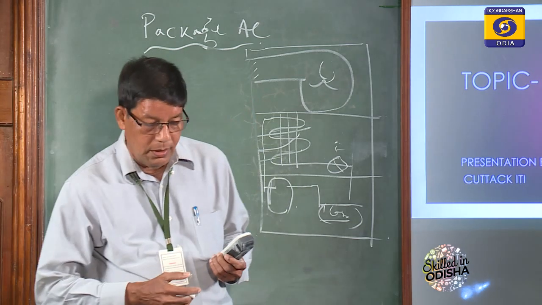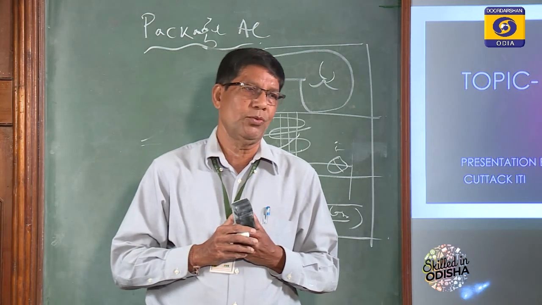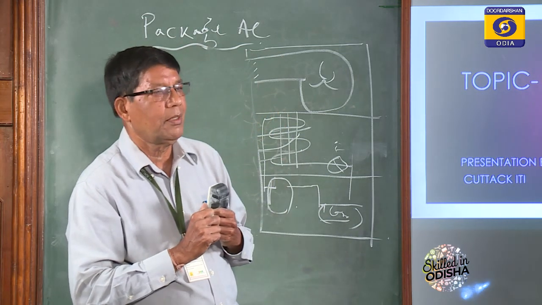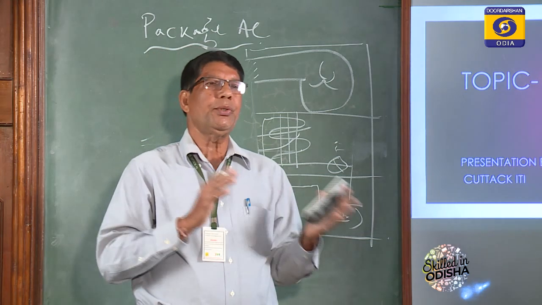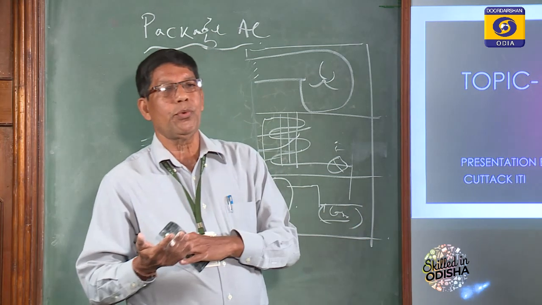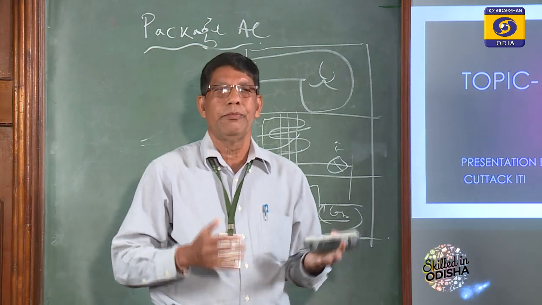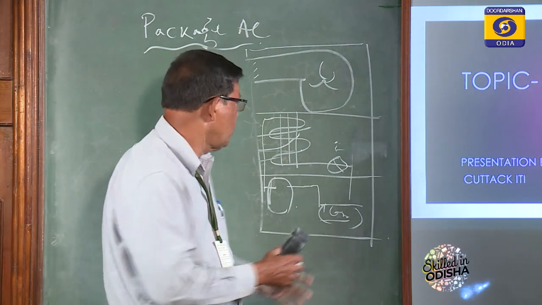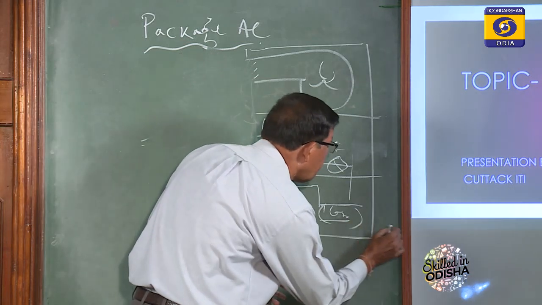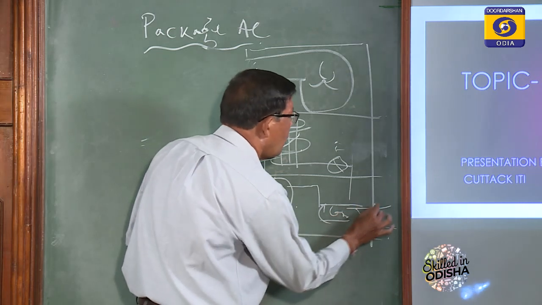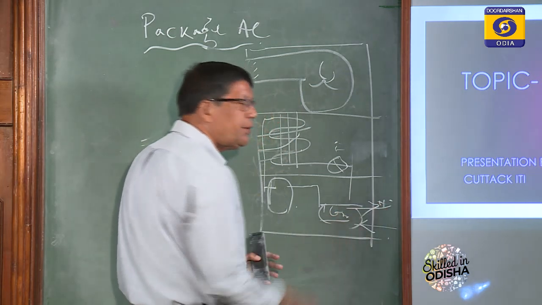Then, what are the types? There are two types according to cooling: one is water cooled and the other is air cooled package. When water cooled, there is a provision: the cooling water will come this way and hot water will return this way.